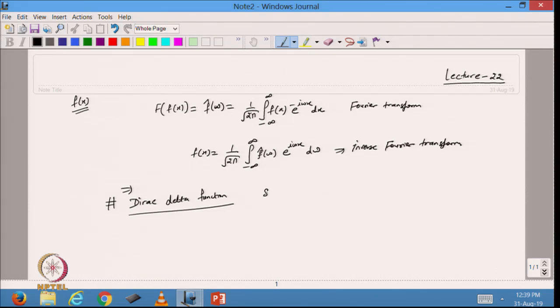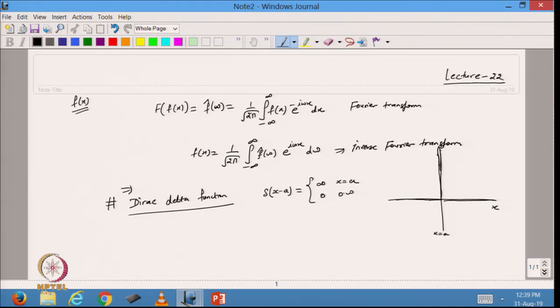I know that the function delta(x minus a) is equal to infinity when x is equal to a and 0 otherwise. So, this is the function; this is my x axis and I am taking x equal to a. Here the function just has an infinite amplitude, otherwise the value of the function is 0.